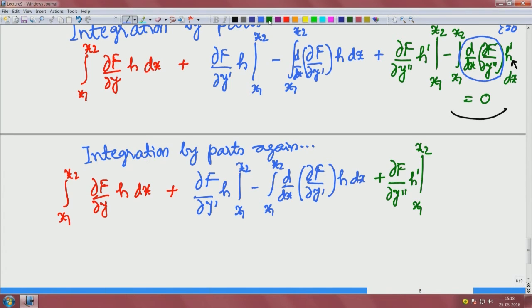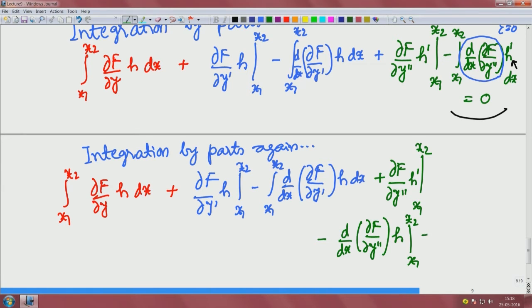So, I can write minus, because the minus sign is there, d by dx of dou f by dou y double prime as the first function, and the integral of the second function, which is h prime, becomes h. That will be the boundary condition between x1 and x2, and then minus, there is a minus already.